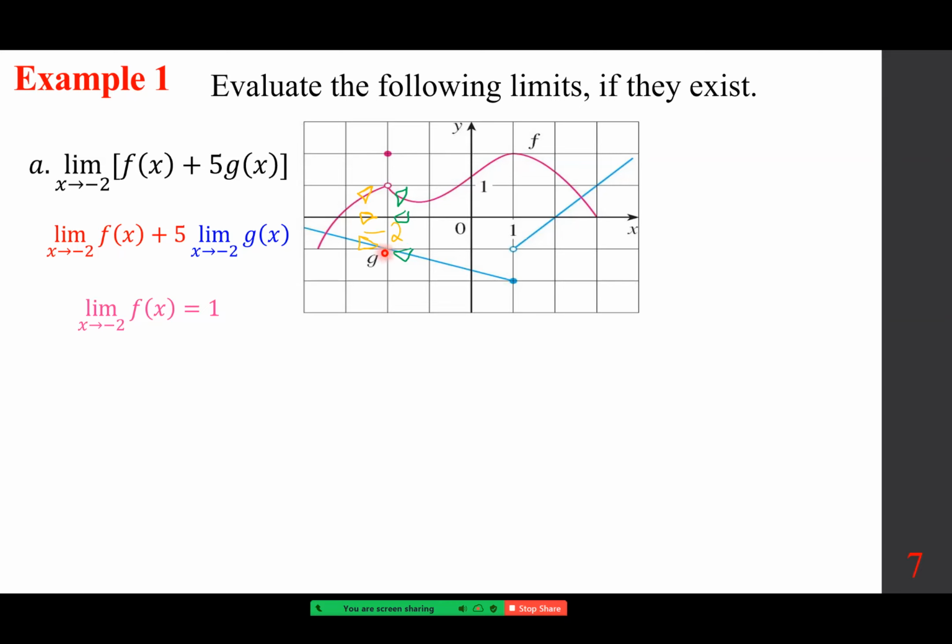And in both cases, we are moving towards this point. And this point, what is the y coordinate? The y coordinate is negative 1. Therefore, we're going to replace this with 1 and this with negative 1. Makes it 1 plus 5 times negative 1, which is negative 4.